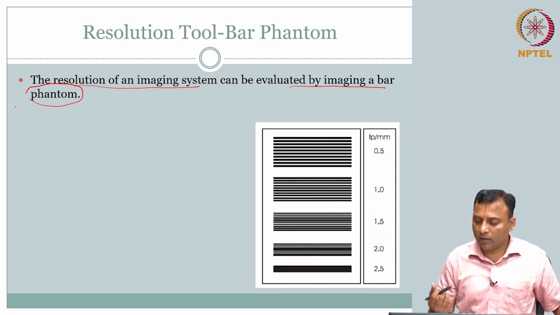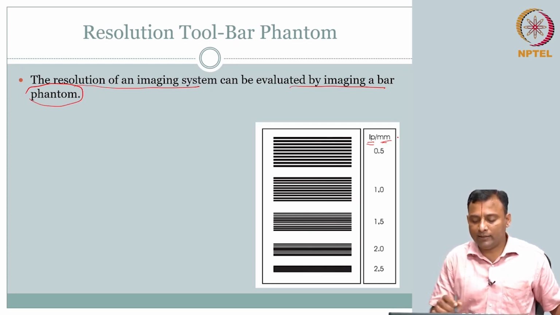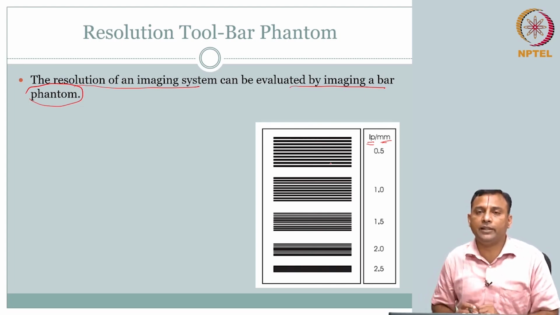So mostly what they use is LP. What is LP? Line pairs per millimeter. For the purposes of demonstration, these bars are horizontally oriented, but you can have them vertically oriented also; there is nothing sacred about it.